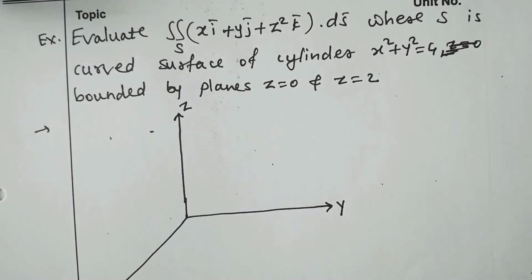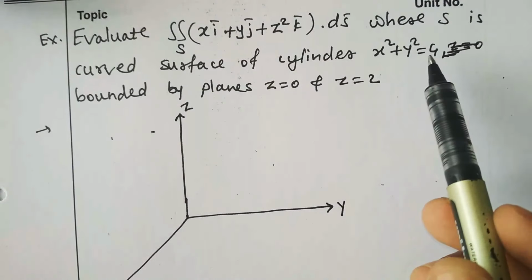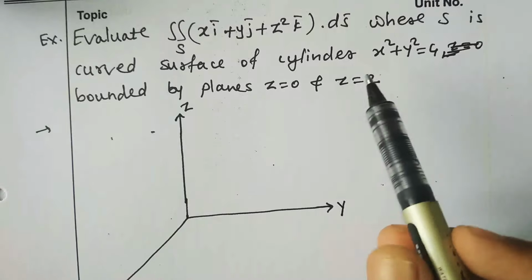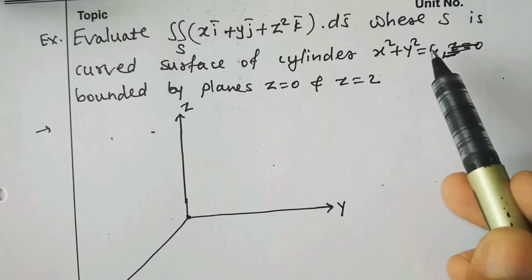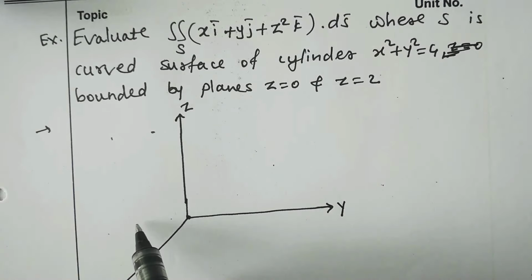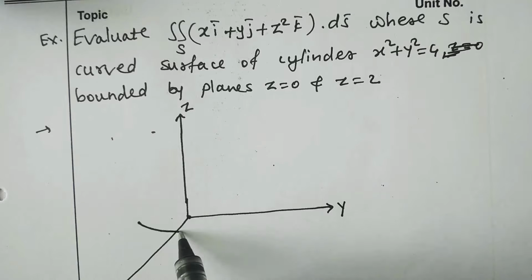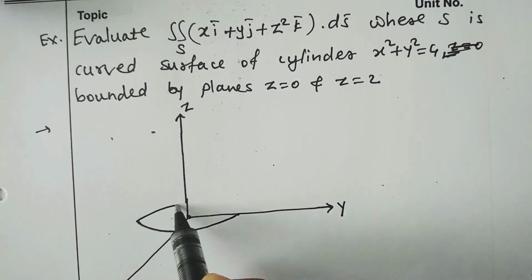Now the given cylinder x square plus y square equals 4 is bounded by the plane z equals 0. So for z equals 0, the circle is x square plus y square equals 4. It looks like this.